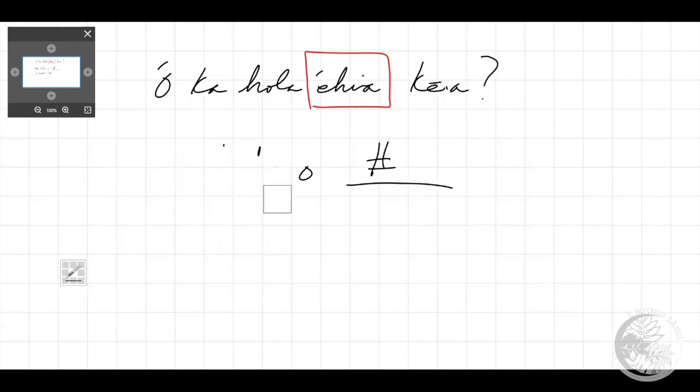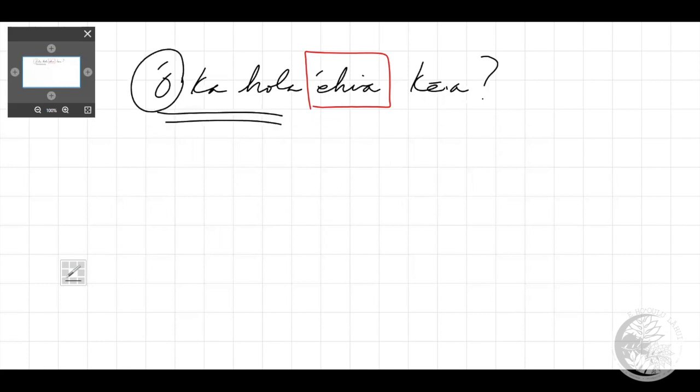Now, in regards to asking the question at what time, not just stating a particular time, but asking the question, we generally, of course, say ikahola ʻEhia. At what time? And the response, very much in the same way, just like the statement of time.